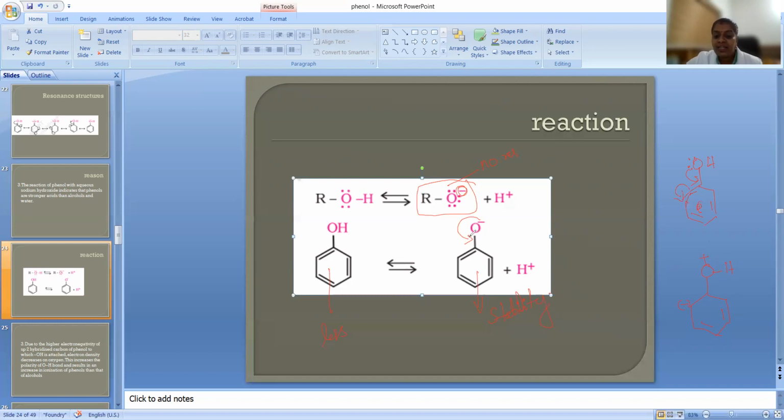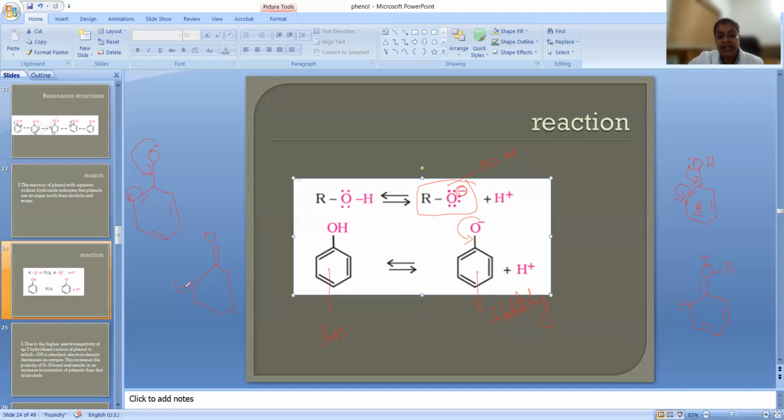But in the case of phenoxide ion, you can see how the resonance is happening. This negative charge is shifting here, this is shifting here. So the next resonating structure will be like this, double bond O. Here also a double bond is there. This lone pair is shifting here, double bond is here, double bond O and then minus.